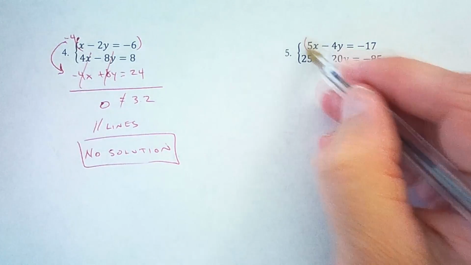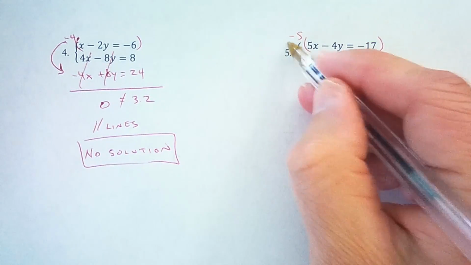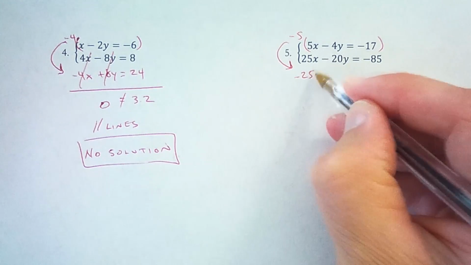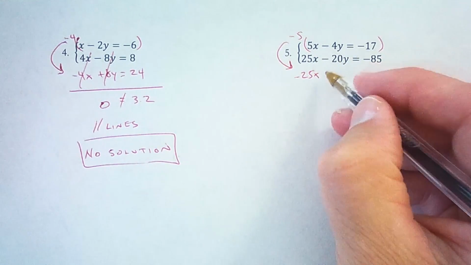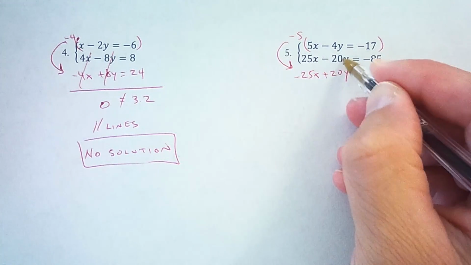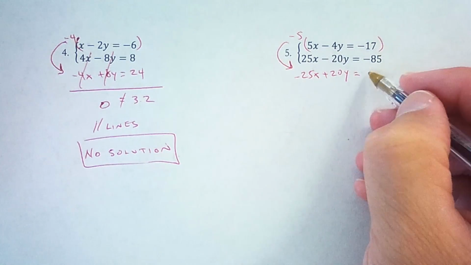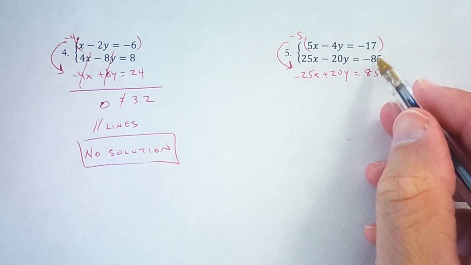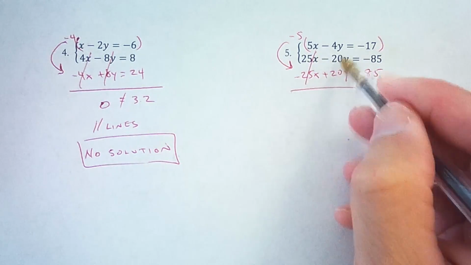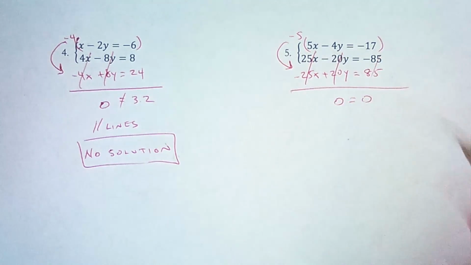Okay, here I will multiply by negative 5 and bring it down here and get negative 25x, so the x's will eliminate. Positive 20y, so the y's will eliminate. And negative 5 times negative 17 is 85. Oh, and those are going to eliminate also. So I'm going to have 0 equals 0.